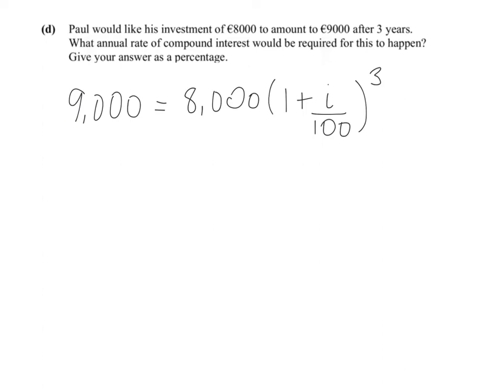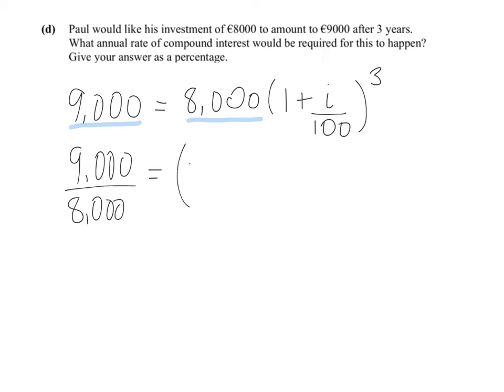Now, first things first, we need to divide these two amounts here. So 9,000 divided by 8,000 is going to be equal to 1 plus I over 100 to the power of 3.